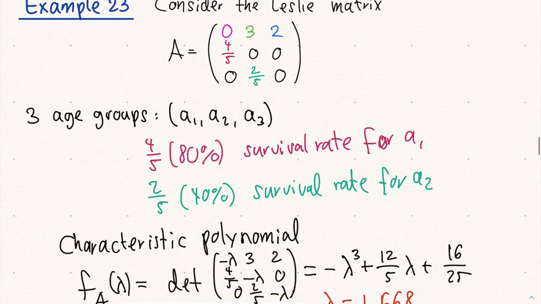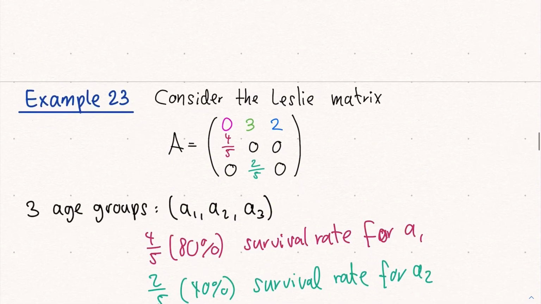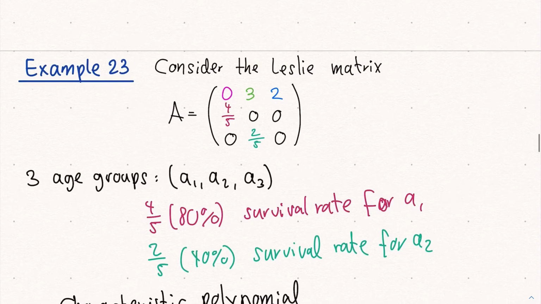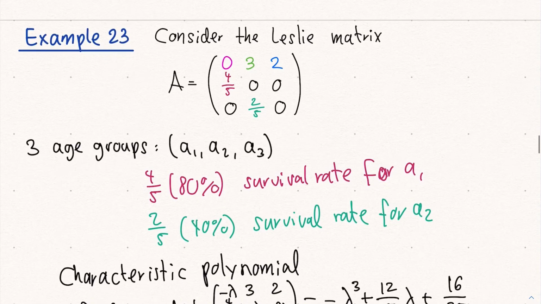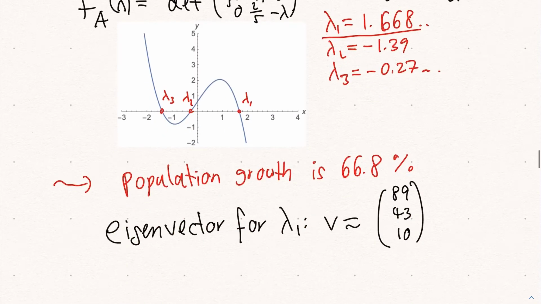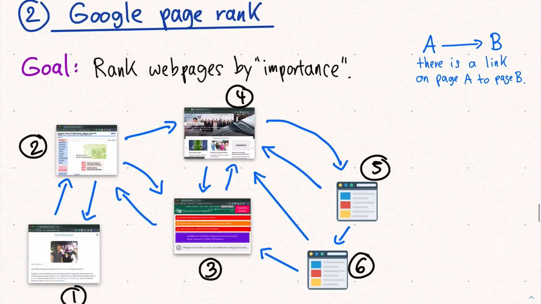Or maybe again some bunnies. Okay, so this was the one example. And this example is also included in the Jupyter notebook, where you can check these numbers with Python. And what I want to do now is talk about so-called Google PageRank.